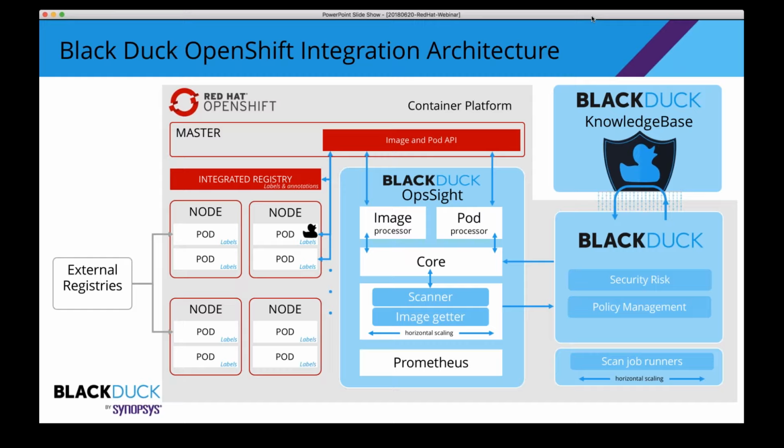We're basically publishing metrics, all sorts of core metrics from the Black Duck offsite integration to certain ports, and Prometheus is then capturing those. So this is what we call the offsite integration. That's the Black Duck integration with OpenShift that automatically scans and monitors all container images regardless of source.